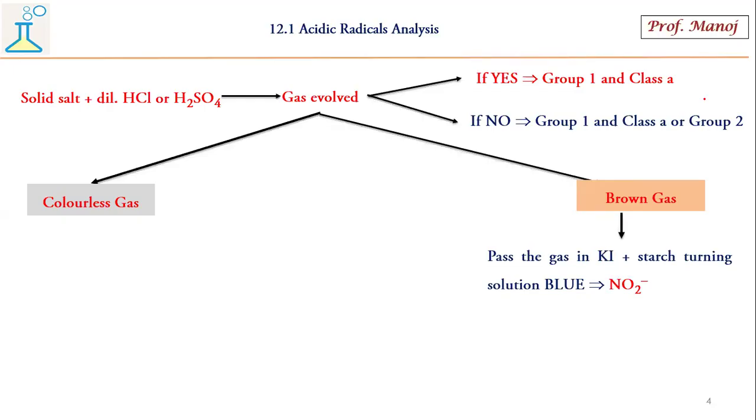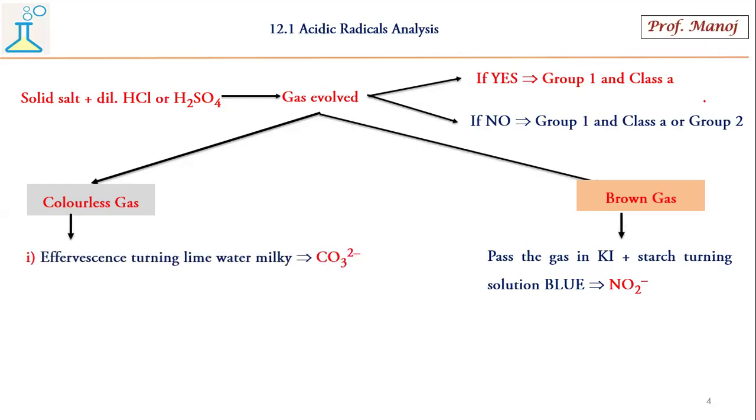Possibility number 1 is, let us see the brown gas first. If a brown colored gas is evolved, that gas is passed into potassium iodide and starch drops are added. The entire solution turns bluish in color. This is a test to detect the NO2 minus radical, nitrite radical. When colorless gas is there, there are different smells possible.